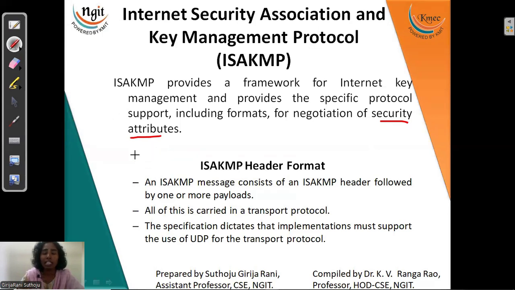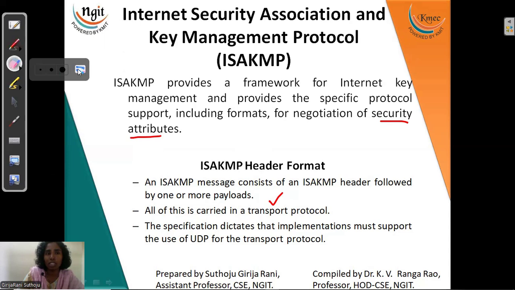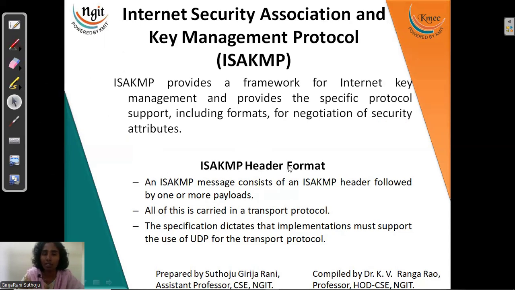After generating, it should be followed up with the transport protocol. The transport protocol will play the major key role here to send your key to the other parties, right? This is a very important one in the implementation of UDP protocols, where UDP is totally connectionless, so we need this kind of ISAKMP header format.